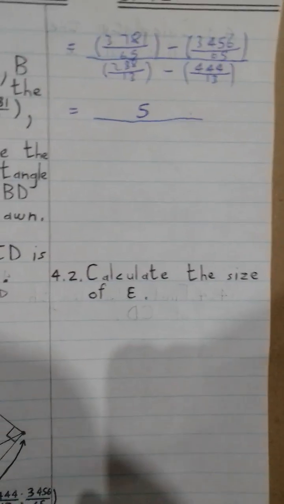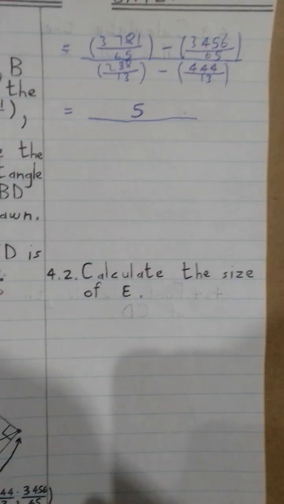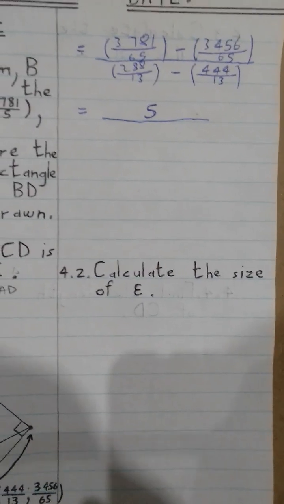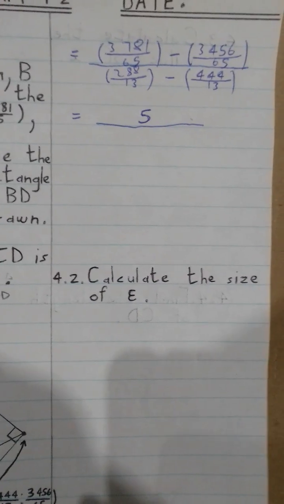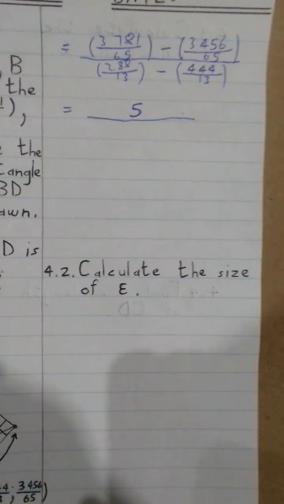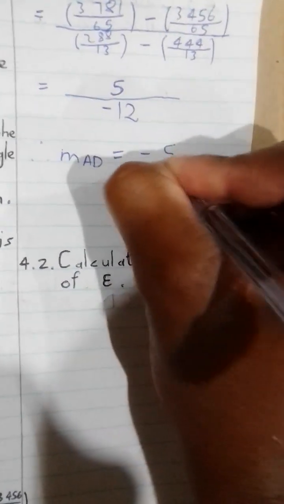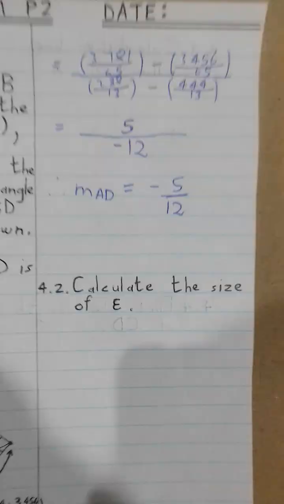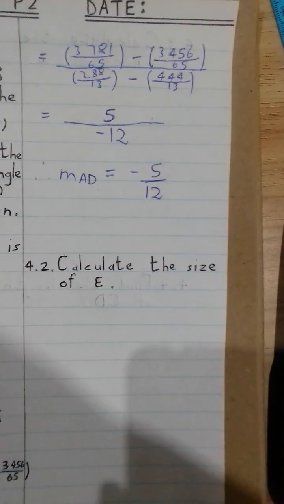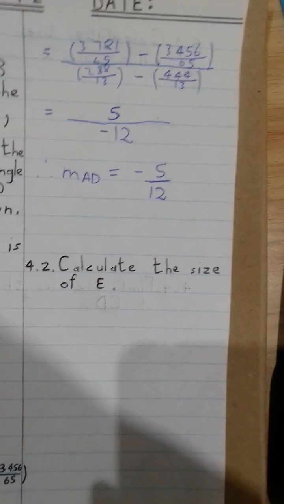In the denominator, 288 over 13 minus 444 over 13. Negative 12. Okay. Gradient of AD is negative 5 over 12. Hope that is clear and I hope that makes sense.